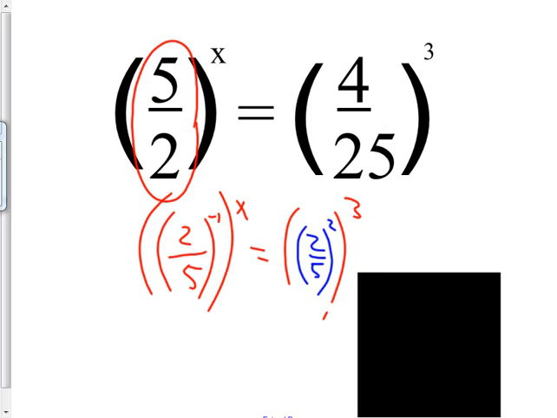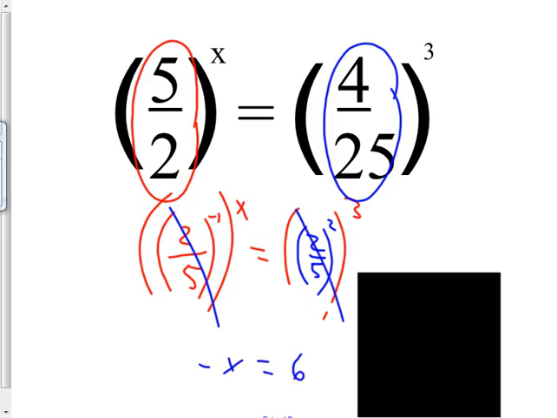See how the blue thing I wrote is equal to this? That's why I can swap it out like that. I'm taking the one out and putting in the other because they're equal. And now the bases can cancel. And then I get negative x equals 6. And that's not the answer, though. What's the final answer? X equals negative 6. All right. Raise your hand if you think you're getting this. All right, good.